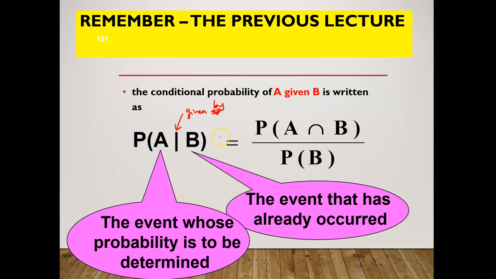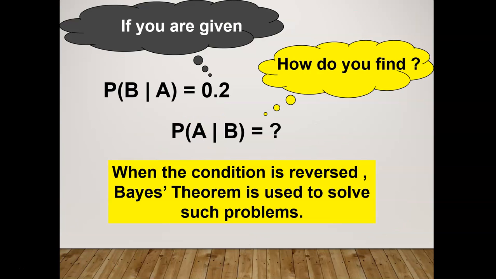The formula is P(A given B) equals P(A intersect B) over the denominator. If you are given P(B given A) equals 0.2, how can we find P(A given B), the reverse way? When the condition is reversed, Bayes theorem is used to solve such problems.